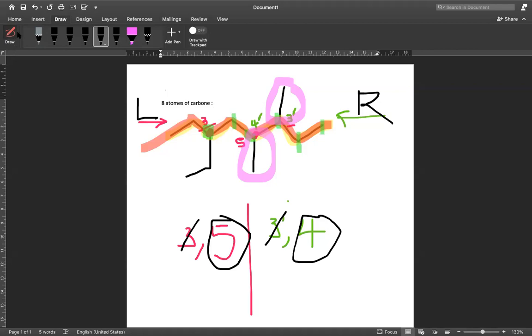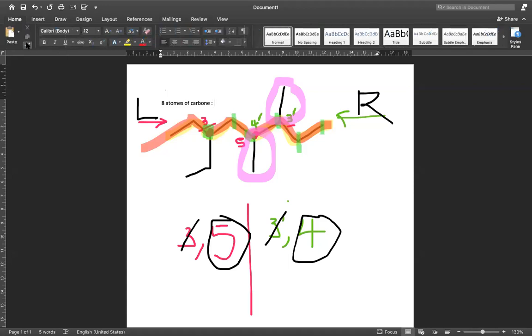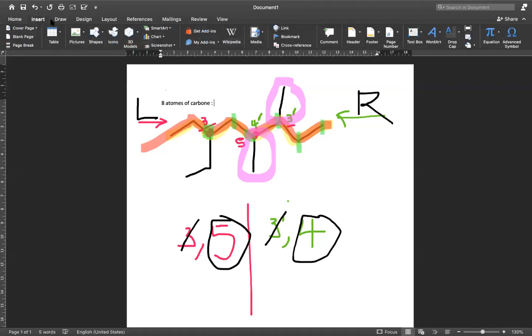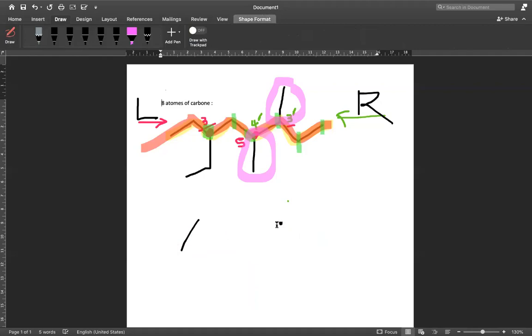Let me just redo this, so that you follow where I come from with the index. Let's hope everyone is following. So this is 3, 5, maybe I also include this one.